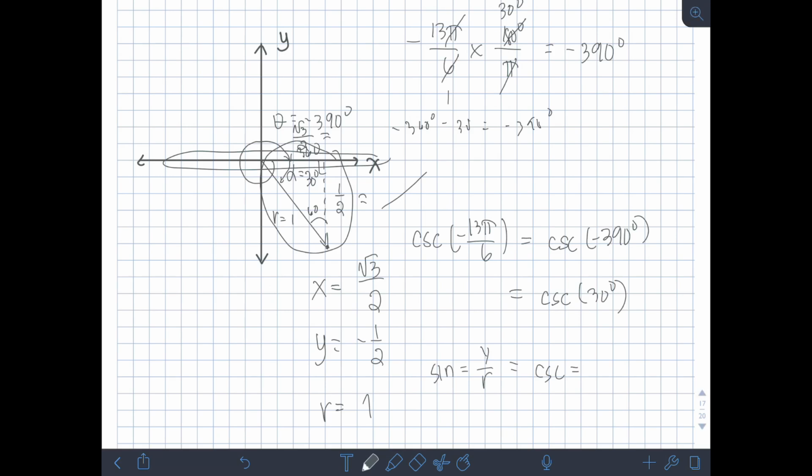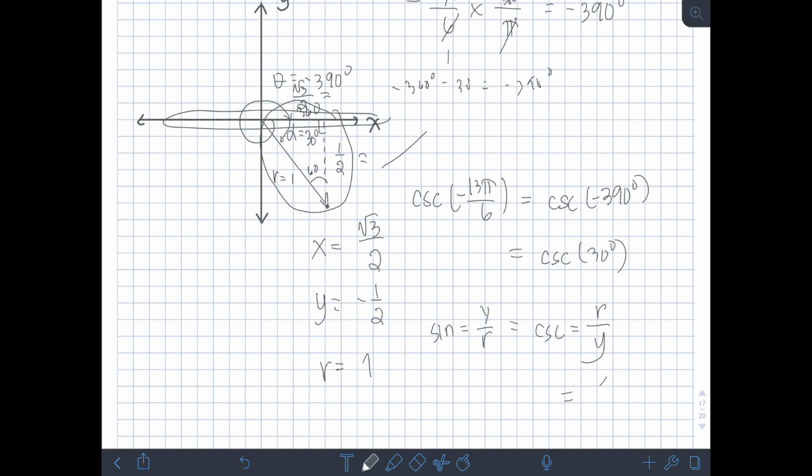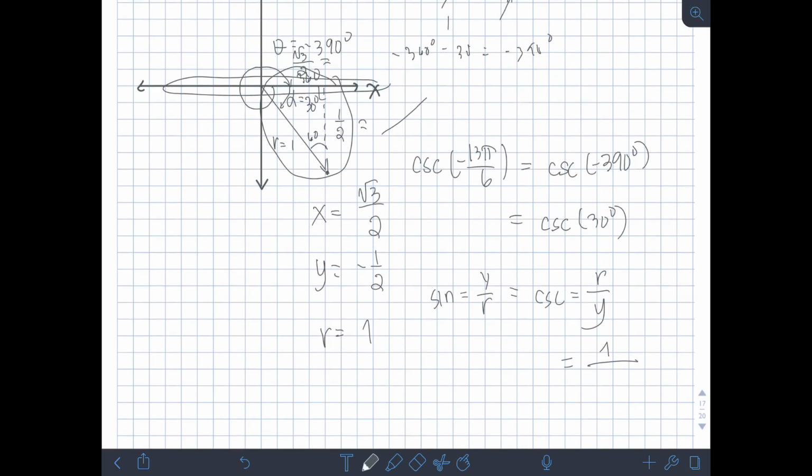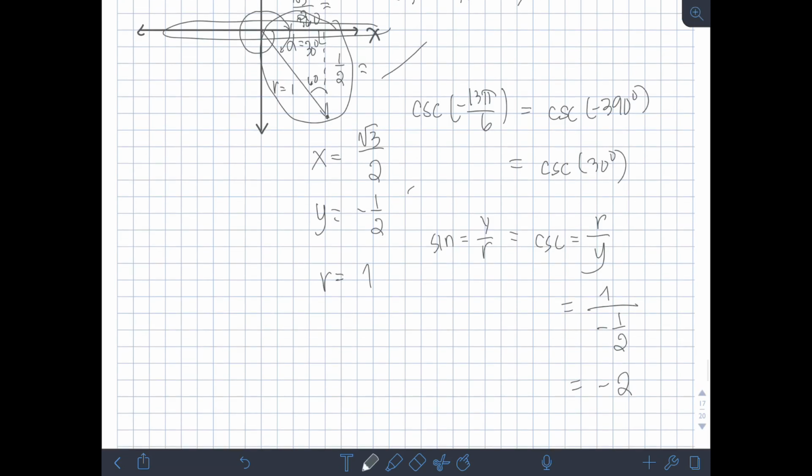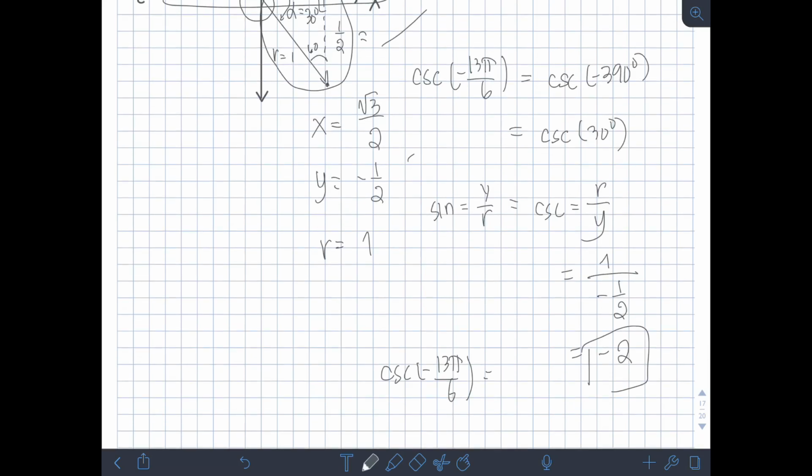So, therefore, cosecant natin is r over y. So, yung r natin ay 1 over yung y natin this time ay negative 1/2. So, therefore, 1 over negative 1/2 is simply negative 2. So, yung cosecant negative 13 pi over 6 pala is equal siya sa negative 2. Okay, so pwede nyo i-check by using calculator.